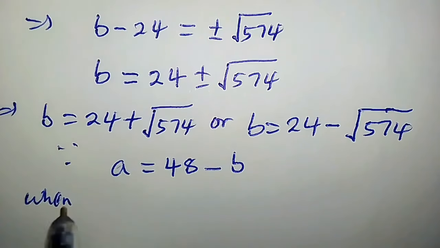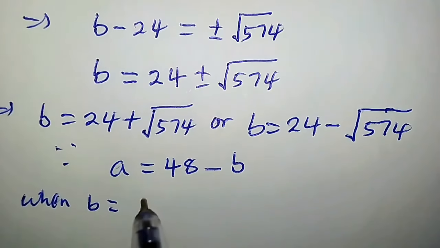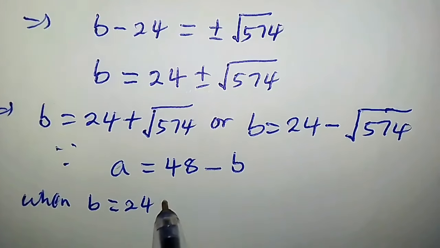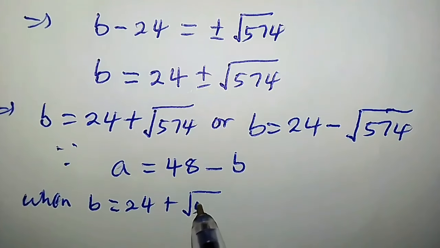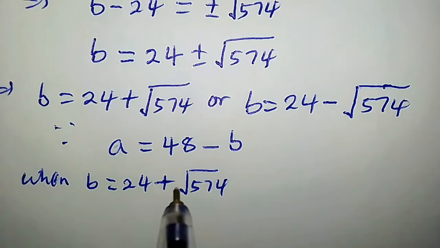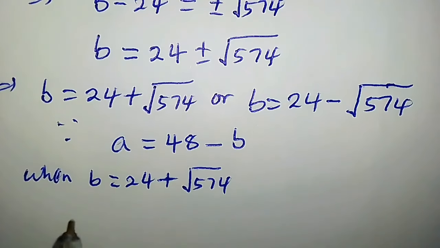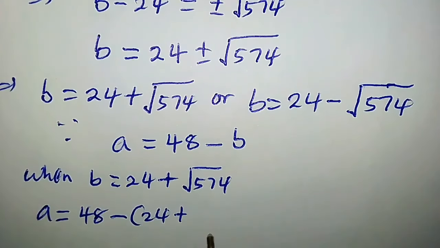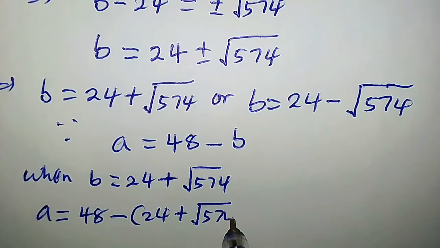When b is equal to this first, 24 plus square root of 574, what will be the value of a? Let's plug the value of b here. So that will be a equal to 48 minus 24 plus square root of 574.